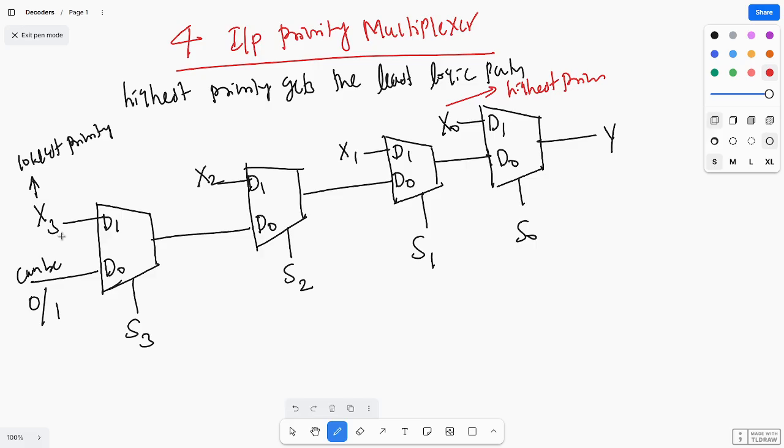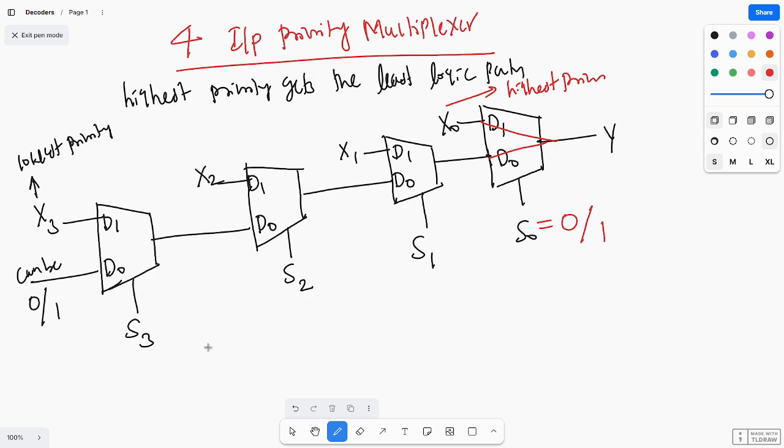So when s0 is not equal to 0, which one will be connected? This d0 is connected. When s0 is not equal to 1 only, this one is connected. So I can write the expression.